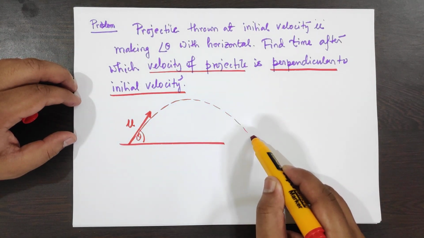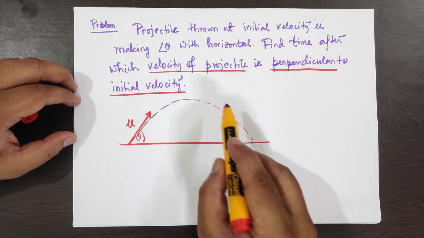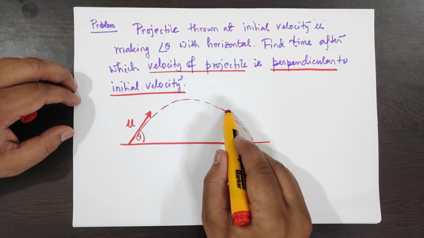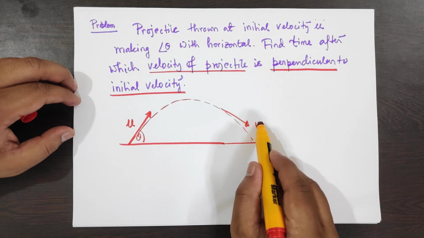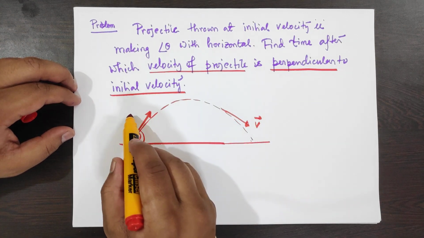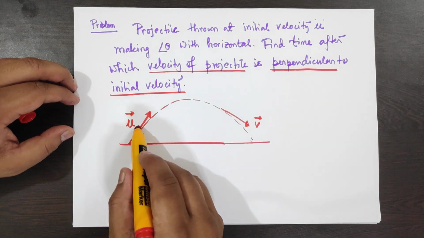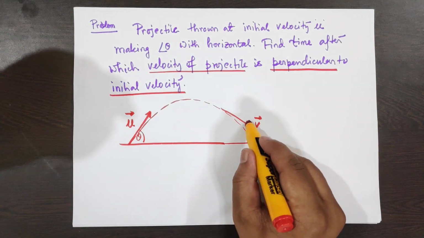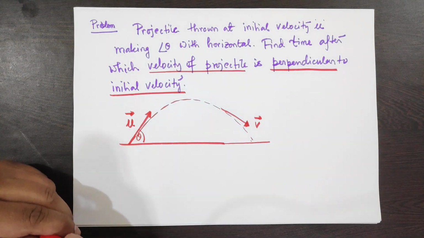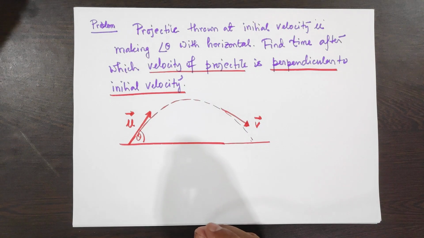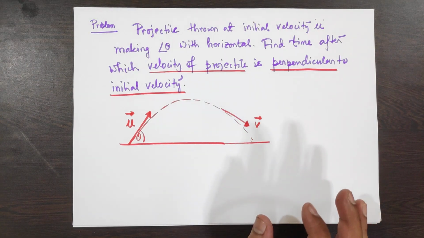So at which point of time is the velocity of the projectile v perpendicular to the velocity u at which it is thrown? I will show you the easiest of all methods. No method can be easier than this method.